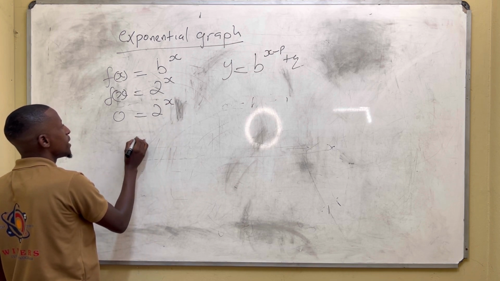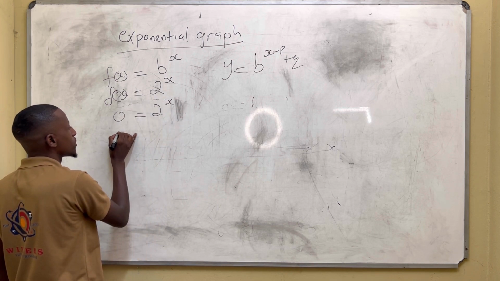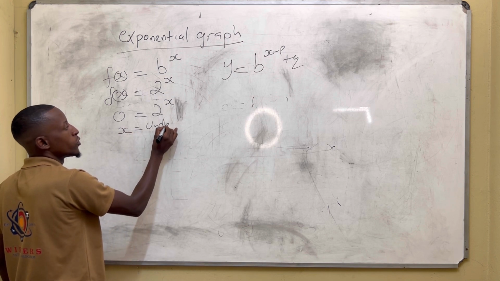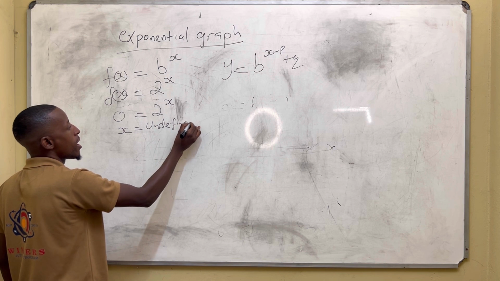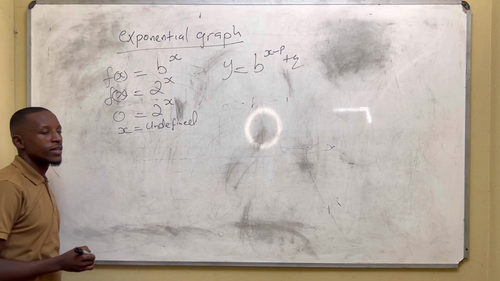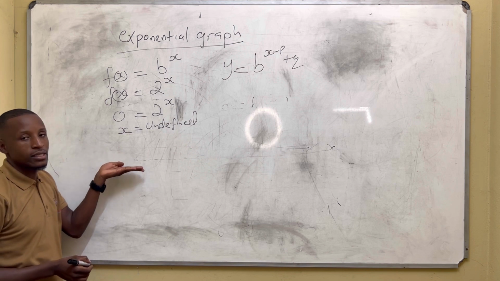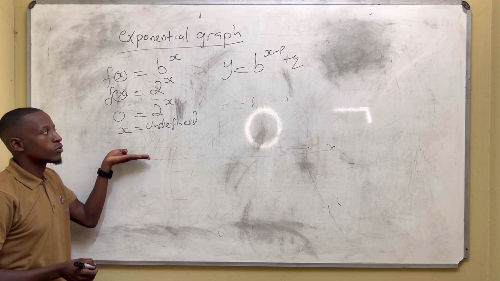If you apply your maths, you can apply the logs, but you're going to get x as undefined. So it means our graph won't have an x-intercept, and there is a reason why it's not going to cut the x-axis.